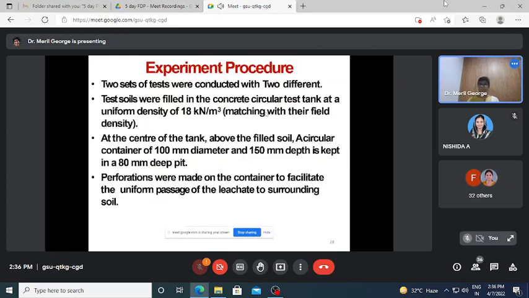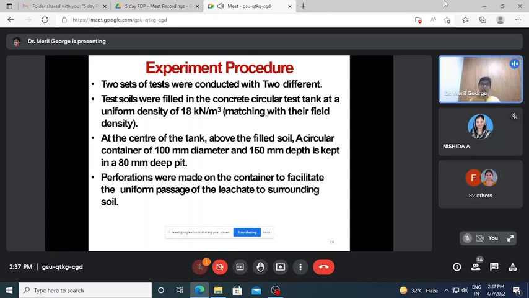For this experiment, I used 2 soil samples. 2 tests were conducted with 2 different soil samples, and these test soils were filled in the concrete circular tank at a uniform density of 18 kilonewton per meter cube, which matches the field density.